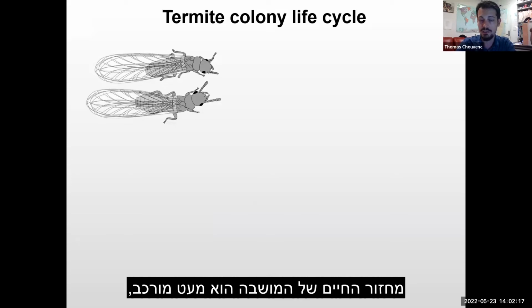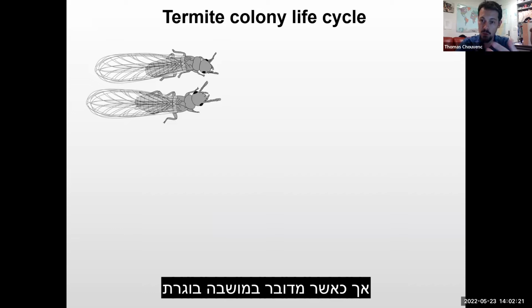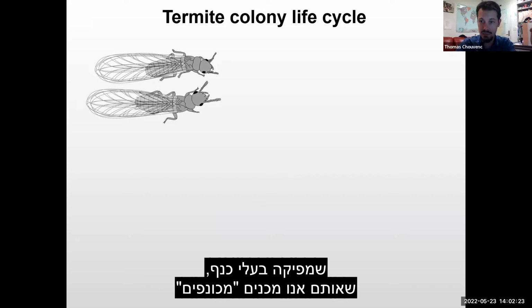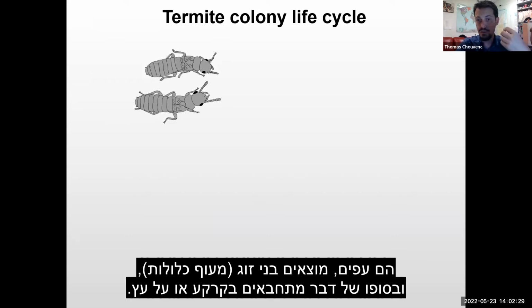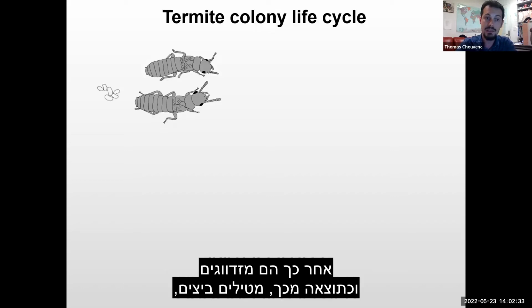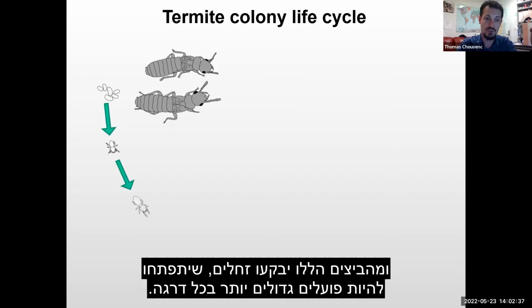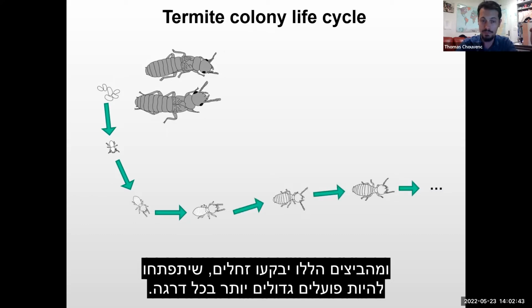The life cycle of a colony is a bit complex, but when you have a mature colony producing the winged individuals that we call alates, they fly away, find mates, and eventually hide somewhere in the ground or in trees. Then they mate, which allows them to lay eggs, and these eggs hatch into larvae, which grow into workers that are bigger and bigger over time.